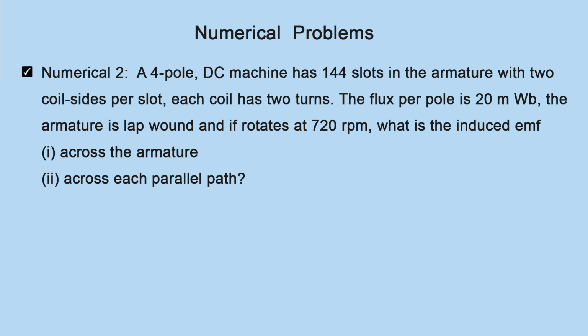Each coil has 2 turns and flux per pole is 20 milliweber. The armature is lap wound and is rotating at 720 rpm. What is the induced EMF, first across the armature and second across the parallel path?